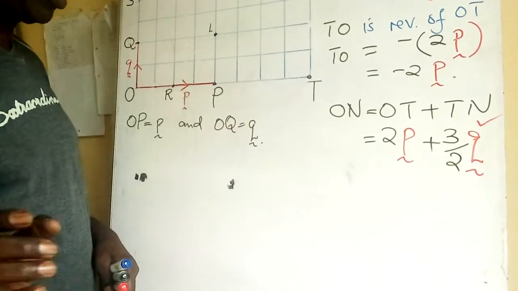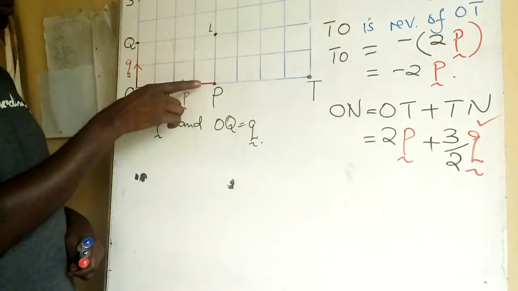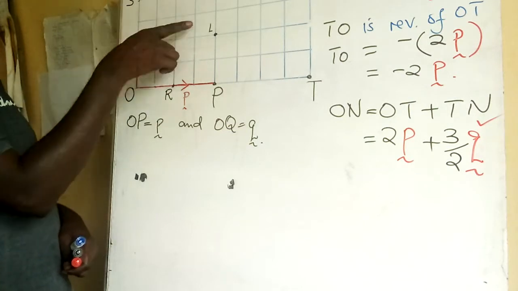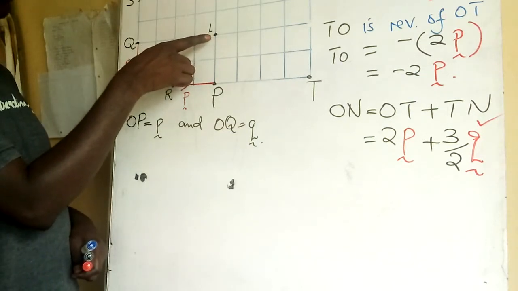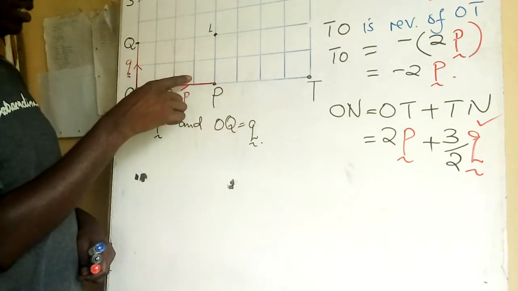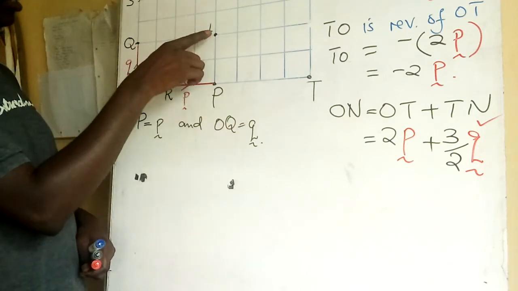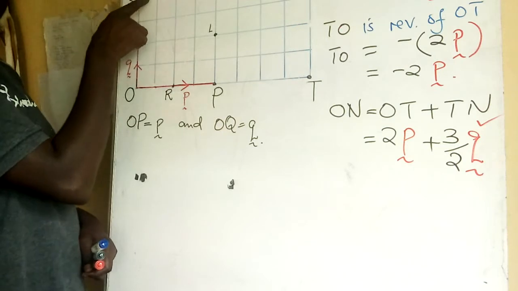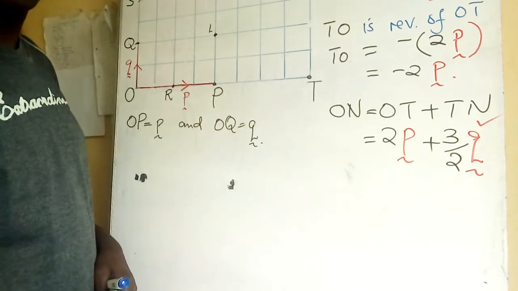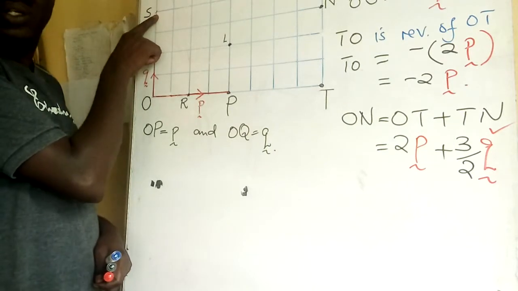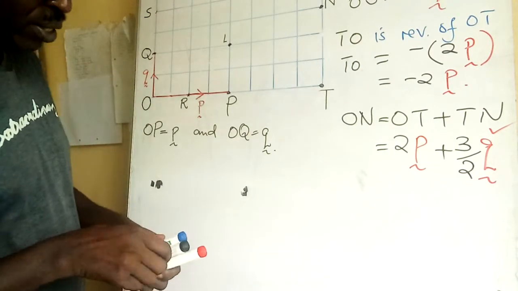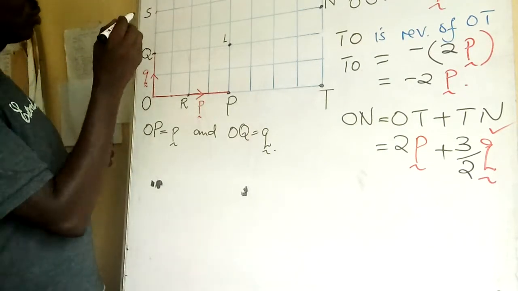I get 1 point here. Can you see that? It can be seen, eh? Yes.